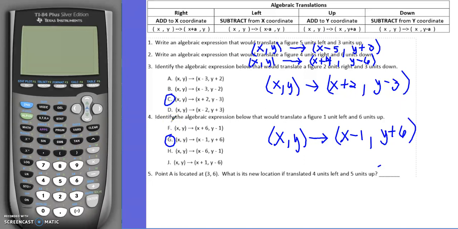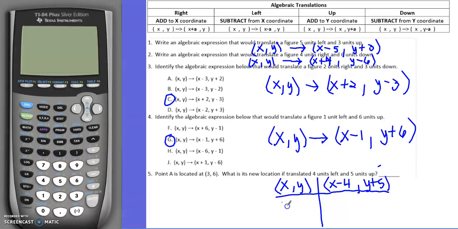Okay, a point located at 3, 6. What is the new location if it's translated 4 to the left and 5 up? So we have x, y, and we're going 4 to the left, so that's x minus 4, and 5 up, so y plus 5.